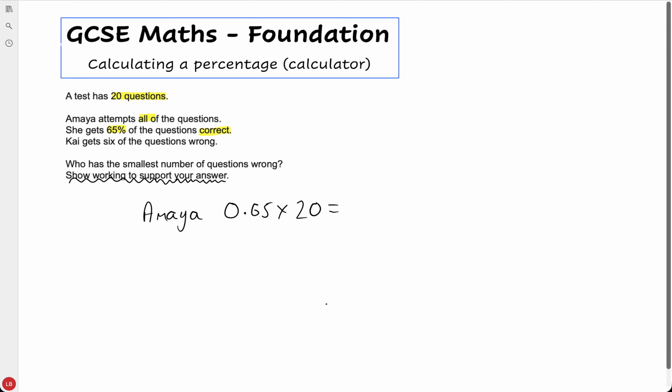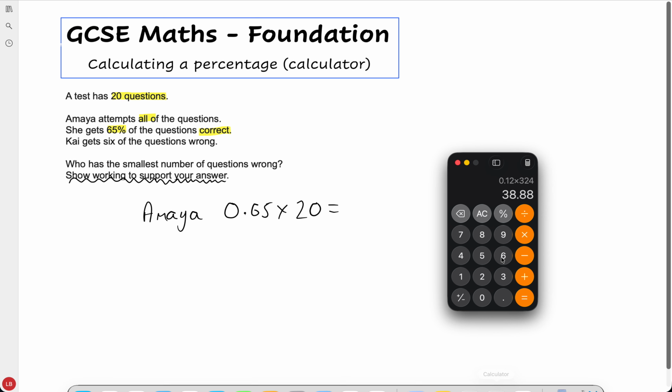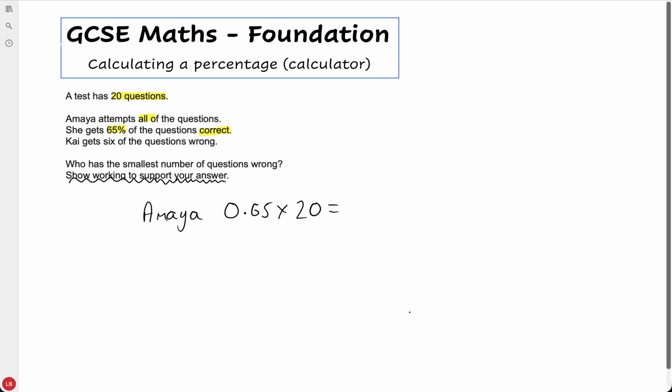And it's a calculator paper, so let's have a look at what that is. Clear our last calculation. It's 0.65 times 20 questions. It's 13 questions.